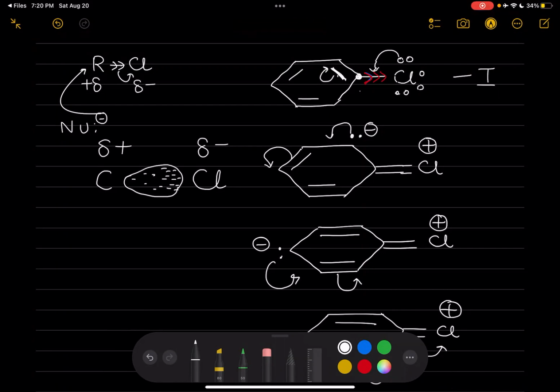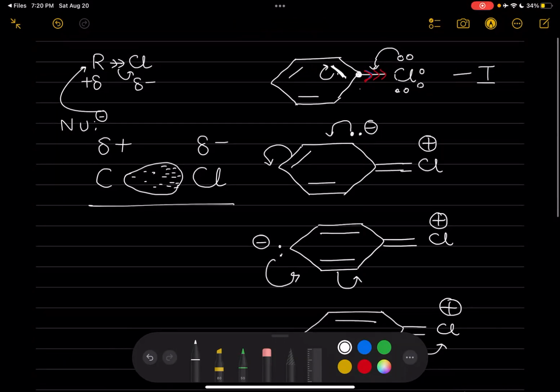So the cloud will be more towards the Cl, because chlorine is more electronegative, it has a tendency to pull the bonded electron cloud toward itself. That's why you have a partial negative charge, and this is known as the minus I, negative inductive effect of Cl. Right? Yes, sir. Is it clear?